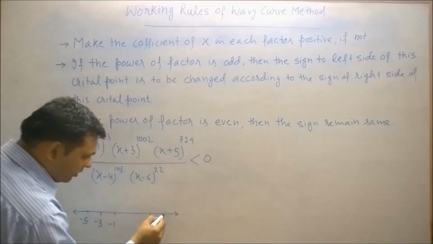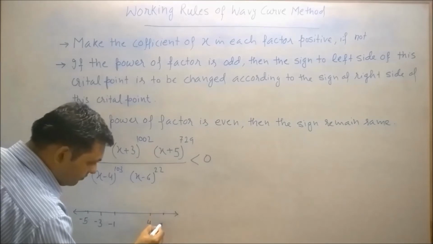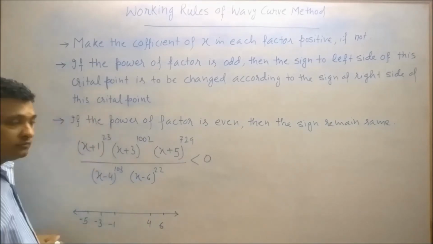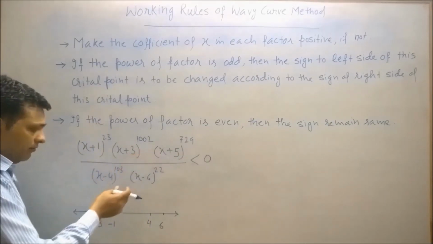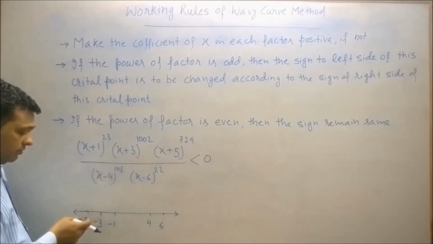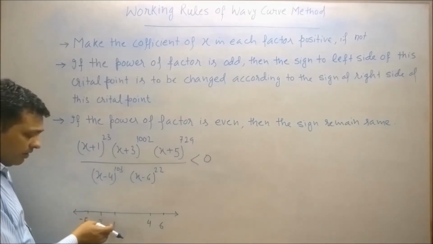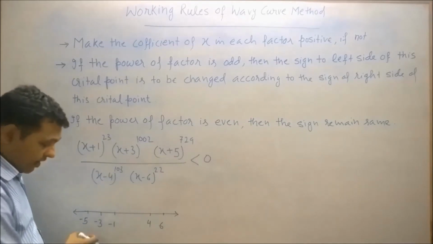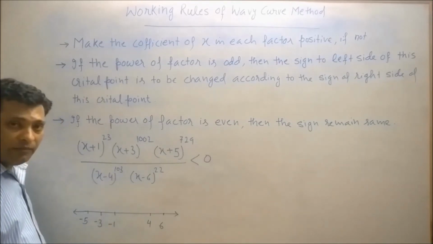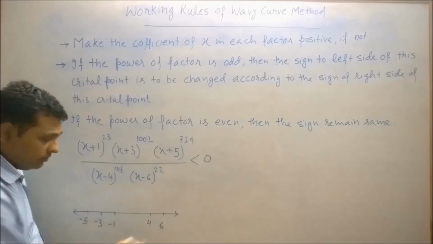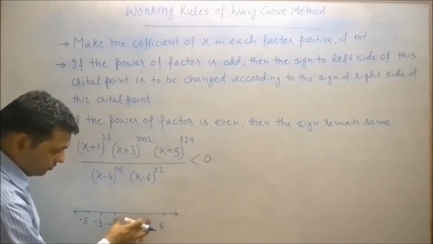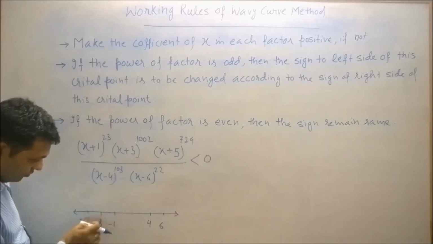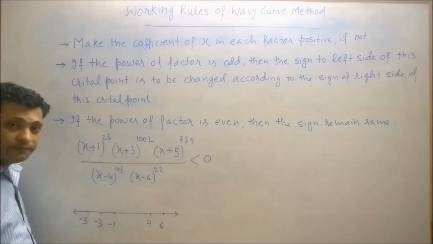Let's say this point is 6. There are 5 critical points: minus 5, minus 3, minus 1, 4, and 6. So these 5 critical points divide the number line into 6 parts: 1, 2, 3, 4, 5, and 6.